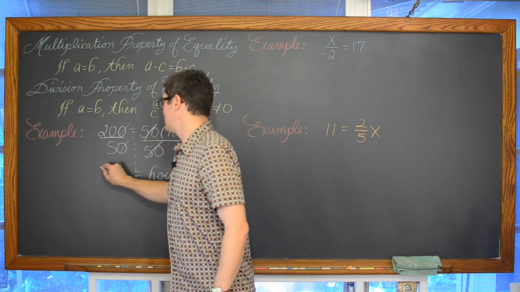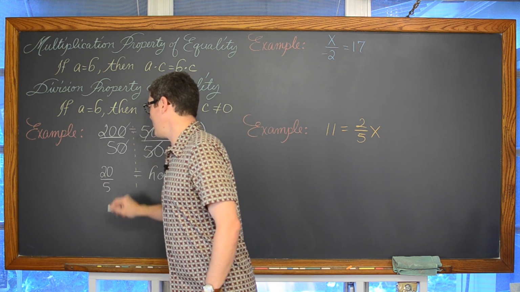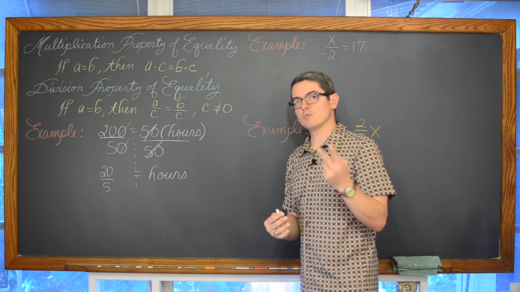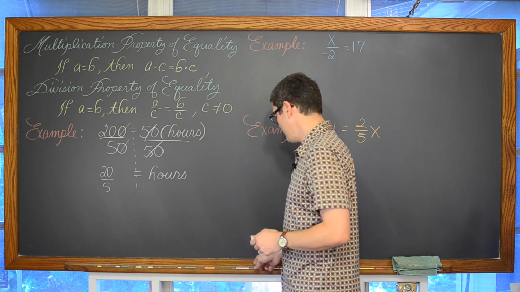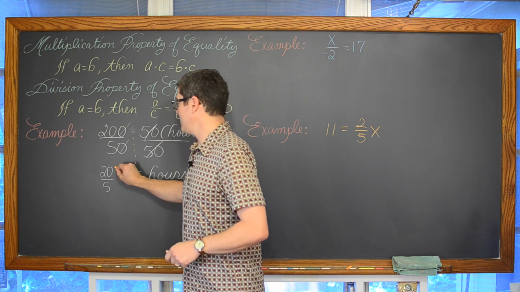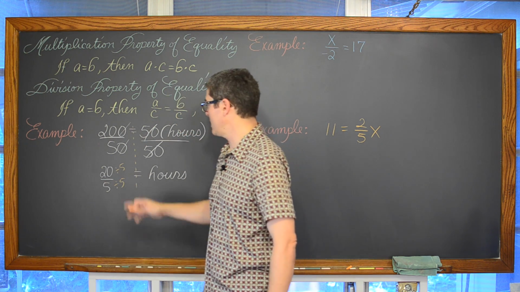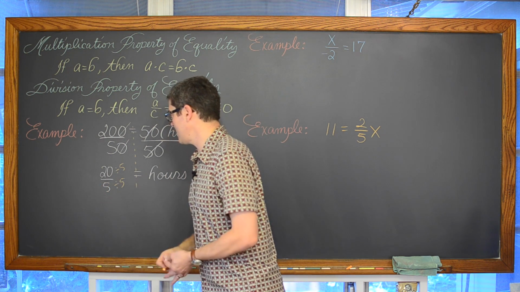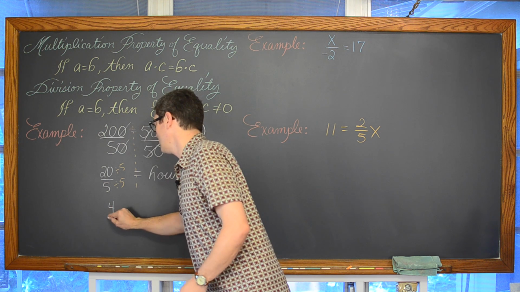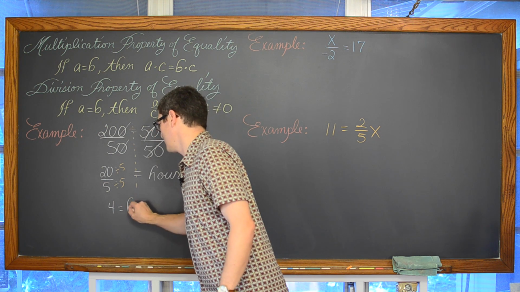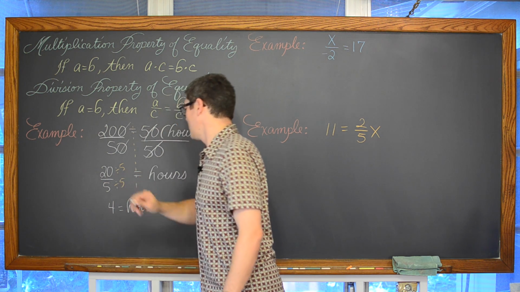And now that we're down to 20 over 5, those two numbers are also divisible by 5, and I can show that by dividing the numerator and denominator by 5, and we're going to reduce that down to 4 over 1, or 4 hours.